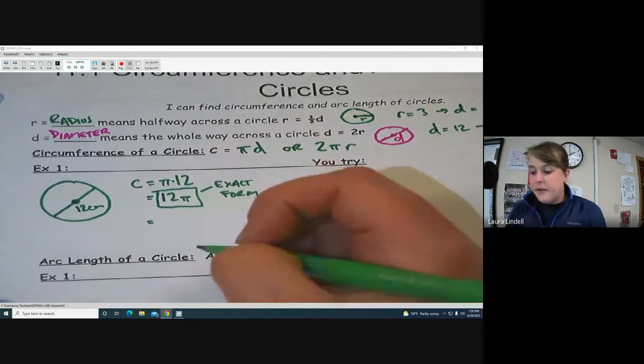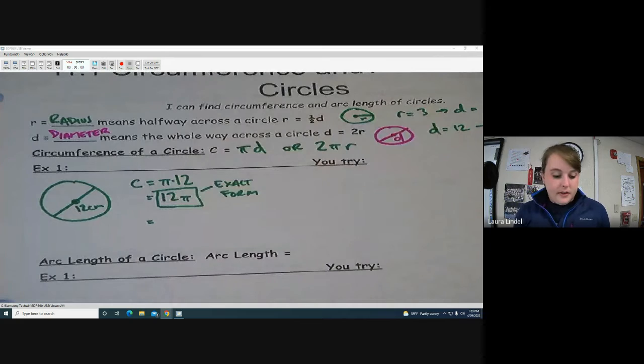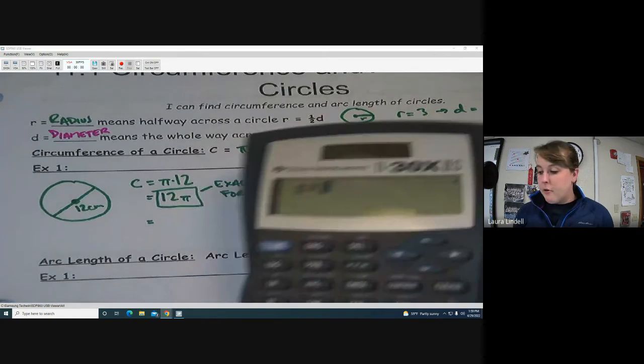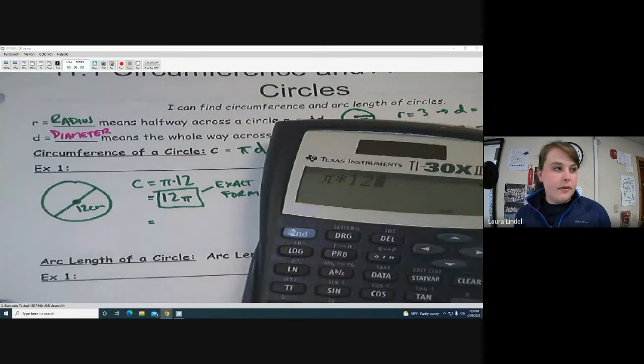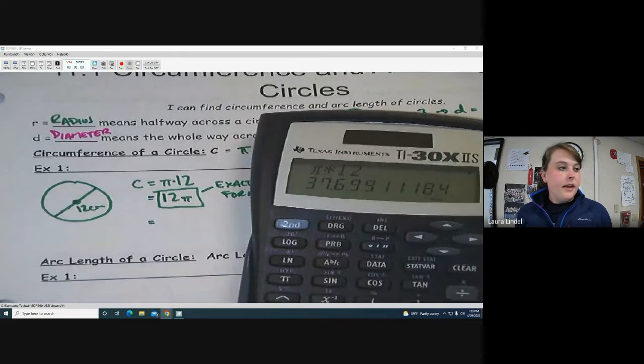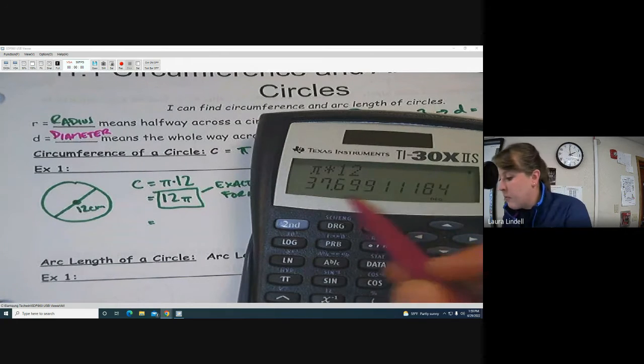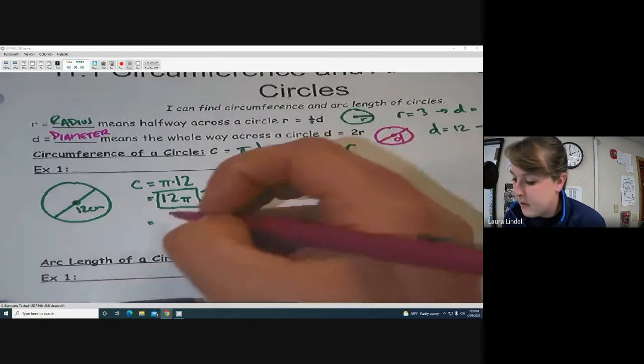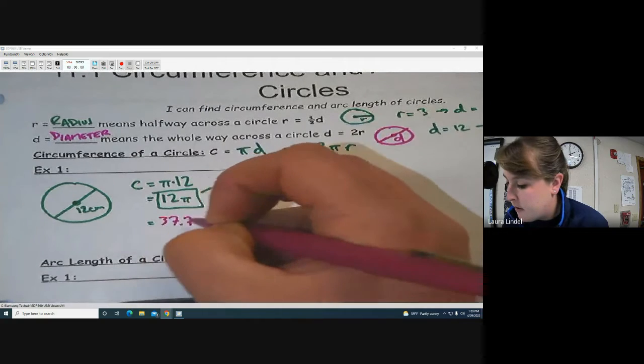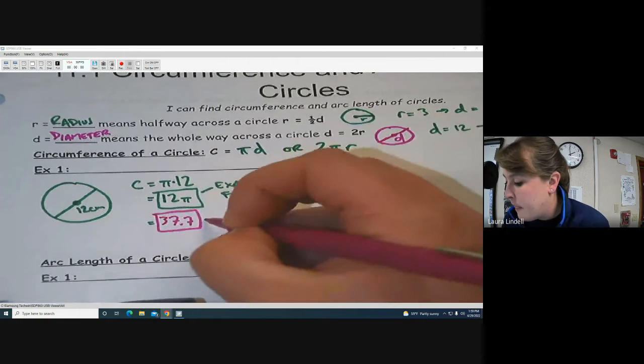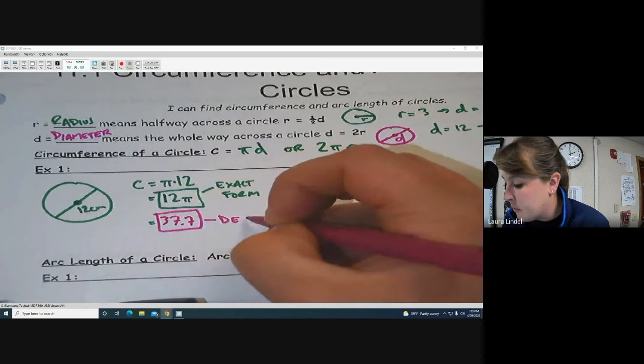The other answer that you could use is using the pi button in your calculator. Go pi times 12. Hit enter, and it gives you a decimal. And I'm just going to round to the nearest tenth. So I'd get 37.7. And this would be considered the decimal approximation.